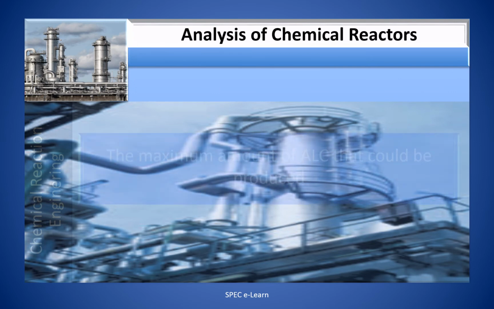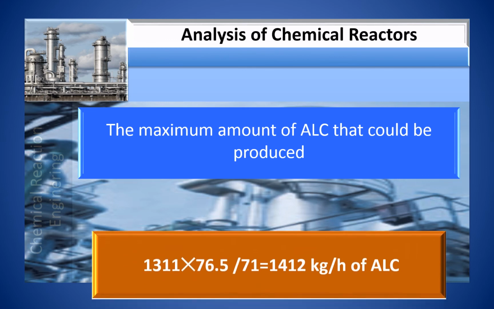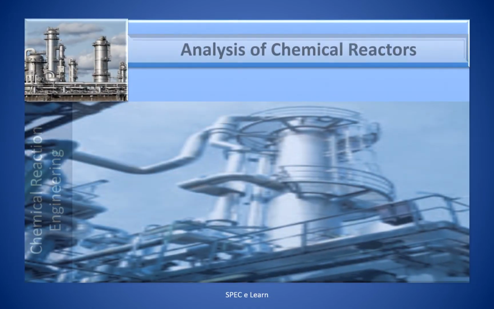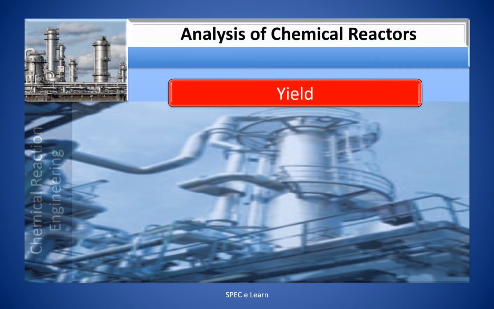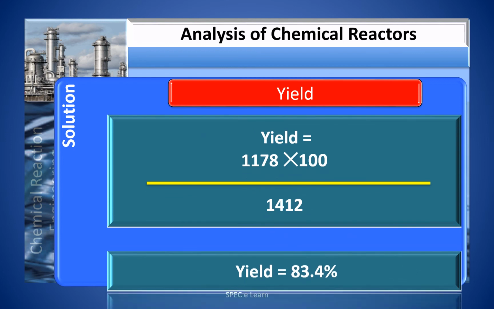So the maximum possible amount of allyl chloride that can be produced is 1412 kg per hour. So the yield is 83.4%.